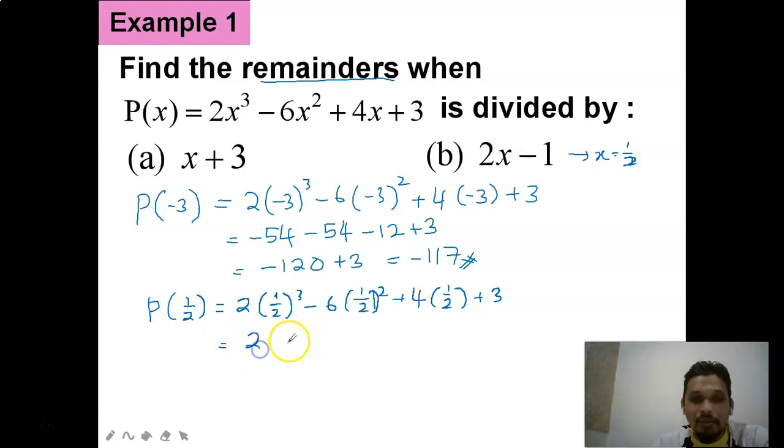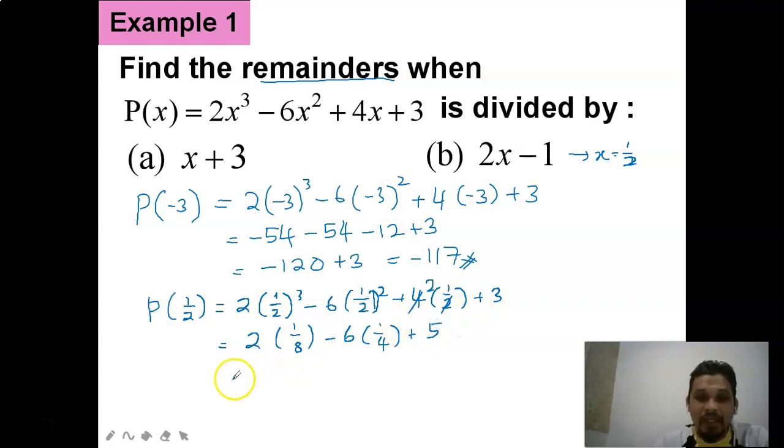So 2 times 1 over 8 minus 6 times 1 over 4 plus 4 divided by 2 equals 2, plus 3 equals 5. If you have your calculator with you, this will give you the total of 15 over 4.